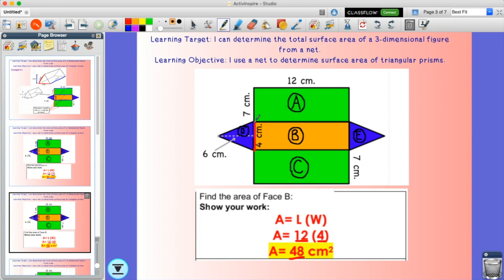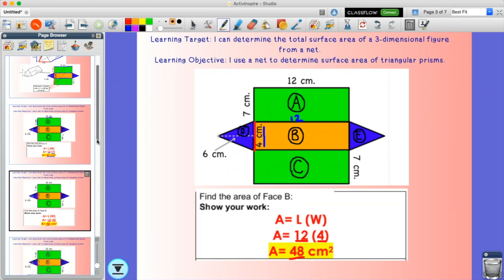However, it's also the width of this rectangle, which is face B. So 12, because opposite sides are equal, and the width is 4. So 12 times 4, and you get 48 centimeters squared.